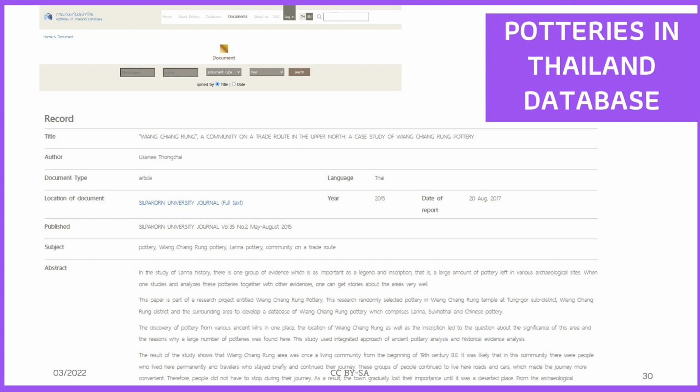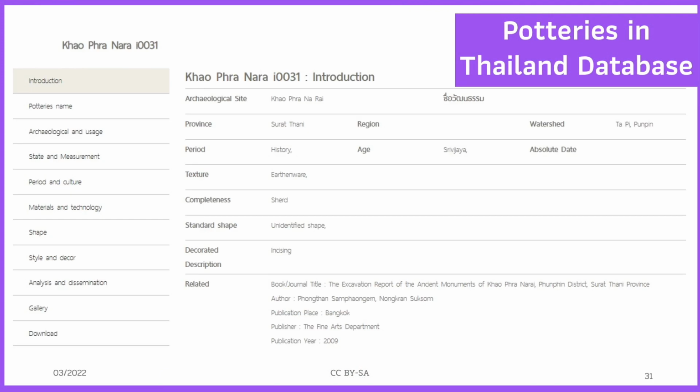This is an example of a website that presents information on academic papers on the study of pottery. This is an example of a website that presents information on a piece of pottery from Khao Phranalai archaeological site in Thailand.